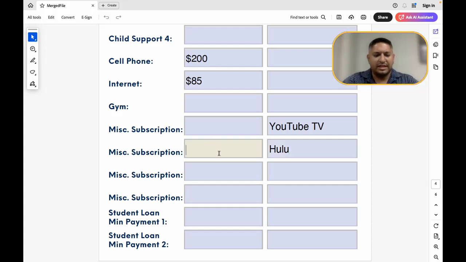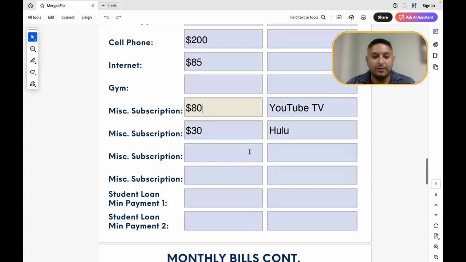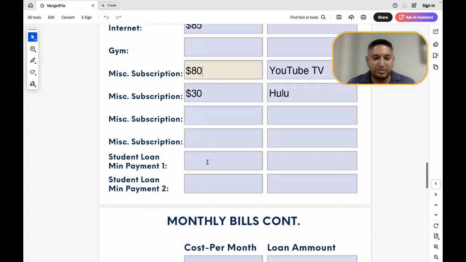I think that ranges like $30 a month. I know YouTube TV is around $90 a month or $85. We'll go with 80. I think that's what they charge. 80 Hulu, and then you put other subscriptions, student loan payments. I know the average is 277.